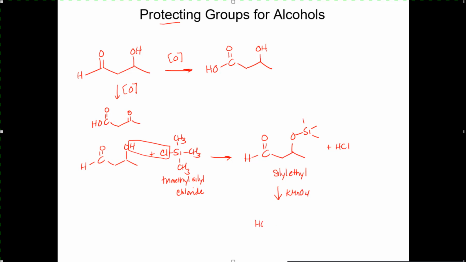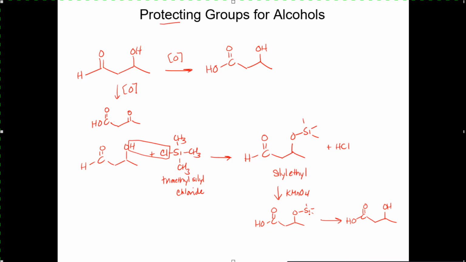When I react it with KMnO4, I would end up forming the carboxylic acid, but the silyl ether would be untouched. So I could oxidize my aldehyde without oxidizing my alcohol. That's great if I can get this silyl ether back to an alcohol. And so how do I do that?